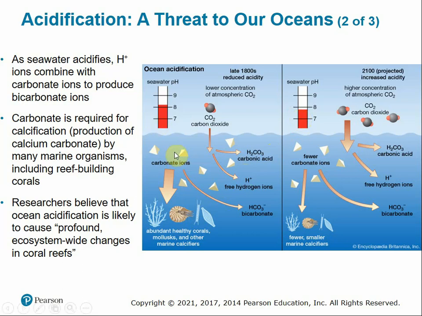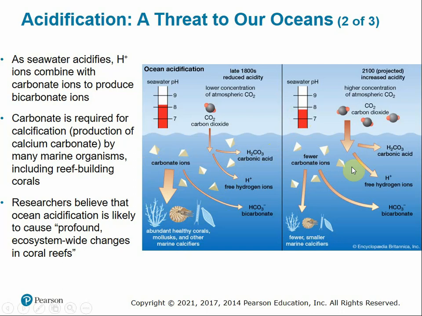Carbonate is something that's present in the ocean water that is required for calcification of marine organisms like corals, mollusks, or anything that builds a hard calcium shell. These organisms depend on having carbonate to build their shells with.